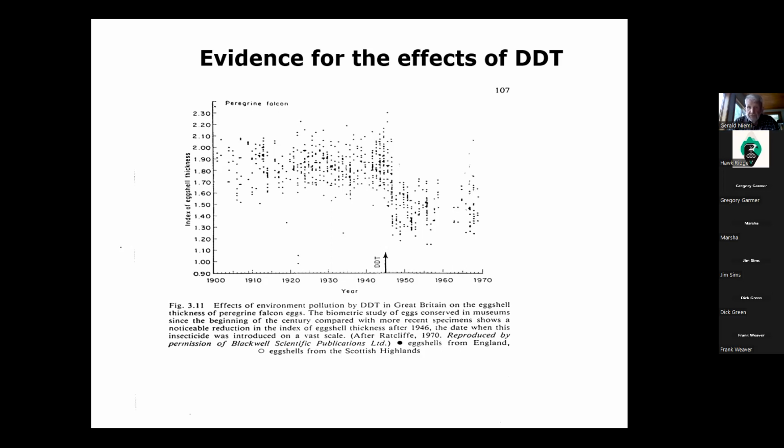So the issue with DDT was primarily an issue of disruption of the calcium metabolism in the bird with the ingestion of DDT. And DDT was used as an insecticide.